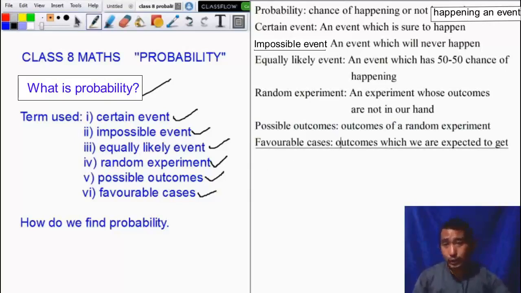So these are some of the terms used to understand probability, and here we have the definition for probability as well. Now to understand deeply about certain event, impossible event, equally likely event, and all those terms, let's see this.